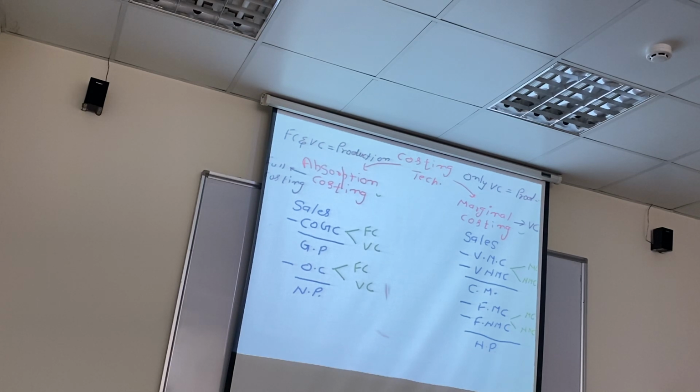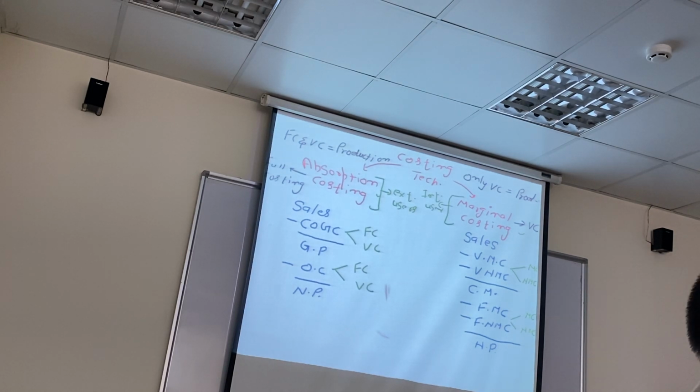But to be honest, absorption costing we apply for external users to show them company profitability, and marginal costing is implemented by the company itself, for internal users within the organization. When we prepare financial reports, we calculate profit using absorption costing.